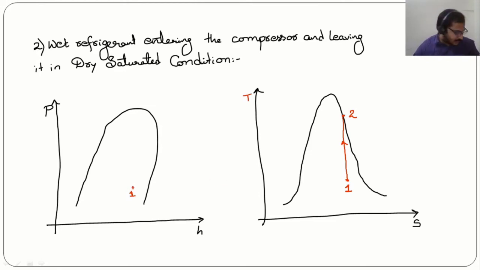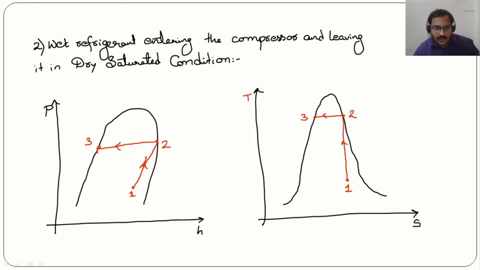Then here in the pH diagram, 1 to 2 process will be like this. Then process 2 to 3 is condensation at constant pressure. So from saturated vapor to saturated liquid condition, there will be heat rejection at constant pressure. And here also phase change takes place at constant temperature, called the saturation temperature.